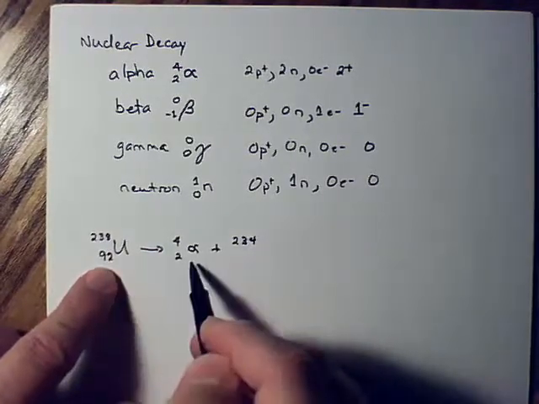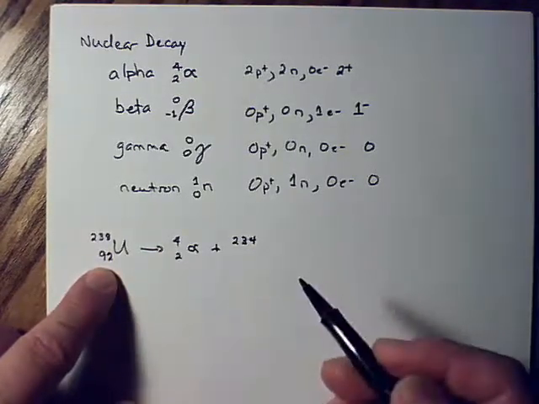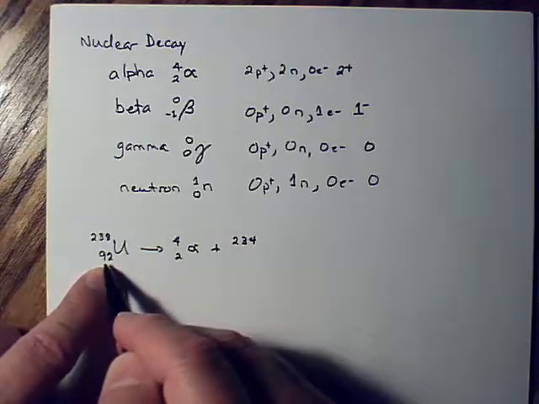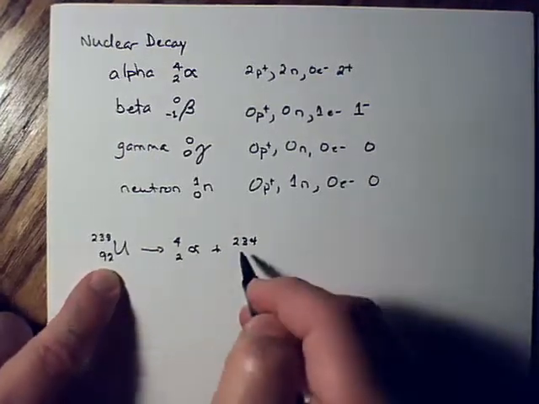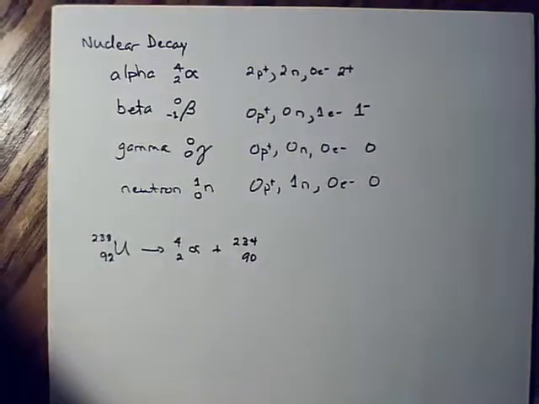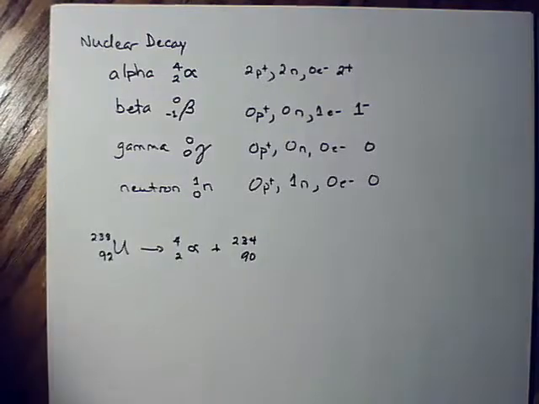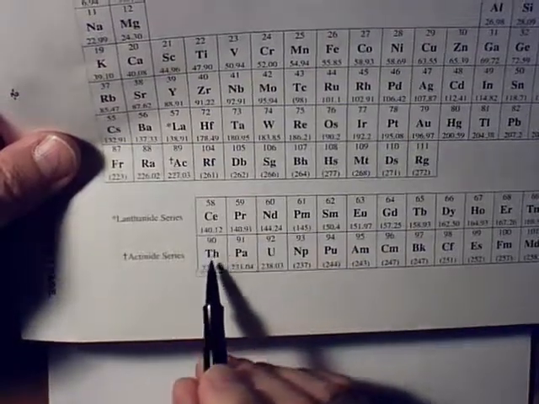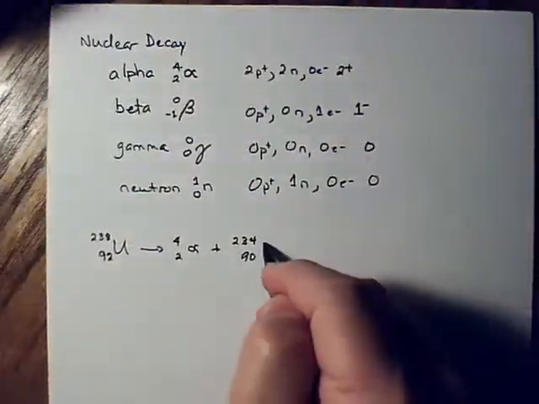And for the atomic number, if an alpha particle leaves, it's pulling out 2 protons, so whatever else is over here is going to have 2 fewer protons. So that's a 90. If you look on the periodic table, the element that has 2 fewer protons than uranium is thorium. So this particle is thorium.